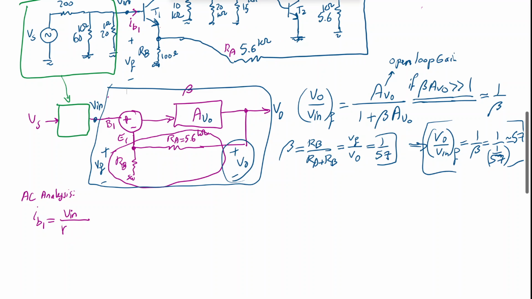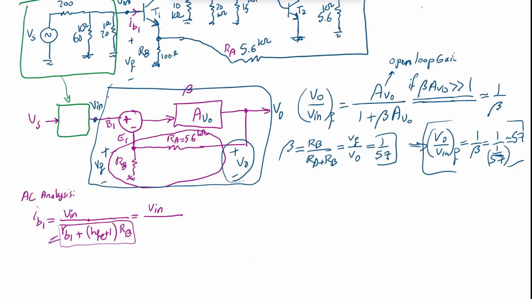But that is an impedance in the emitter. If you want to push it up and reflect it into the base side, then we have to multiply it, because the base current is 1 over HFE plus 1 of the emitter current. We have to multiply with HFE plus 1, and HFE, as I said, is 100, times the RB, the 100 ohm. So basically we have Vin divided by this resistor we have.